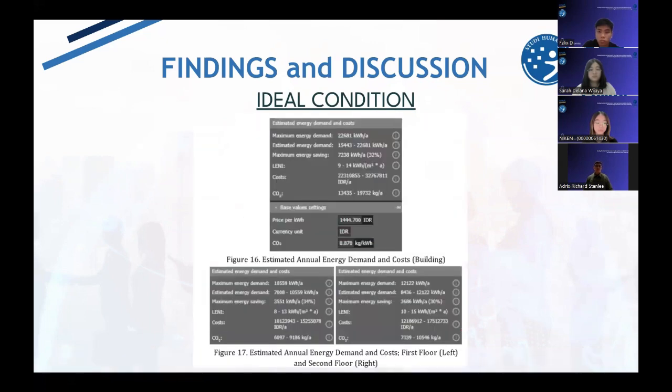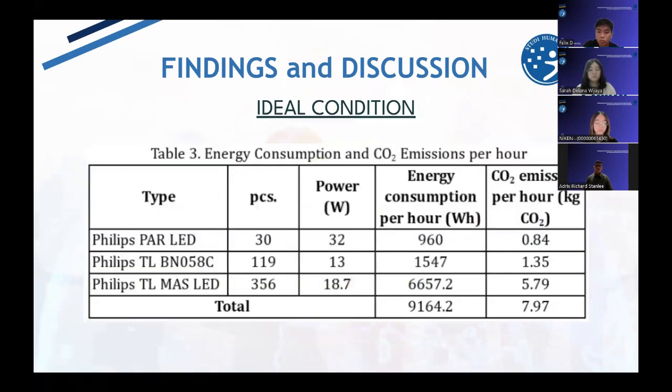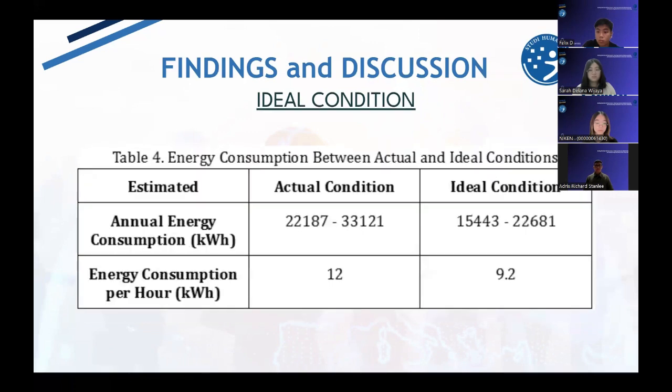The results show the estimated energy demand is about 15 to 22,000 kilowatt hour per area and will produce around 13 to 19,000 kilogram of carbon dioxide per area. These are the calculations for energy consumption per hour and carbon dioxide emission per hour. And this is the comparison between actual and ideal conditions for the energy consumption.